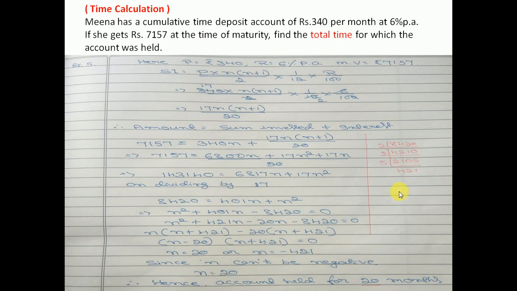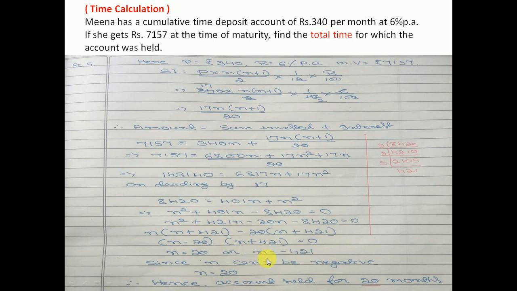If you observe, n plus 421 is there in both of them, which means we are perfect. Write it once. Then n minus 20 is the other part. So we factorized. Now either n can be 20 or n can be minus 421.